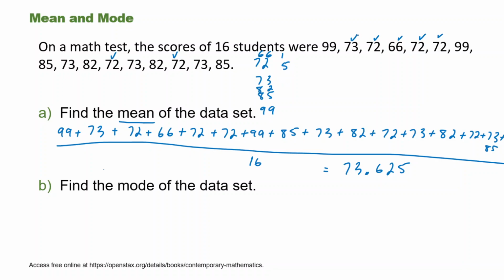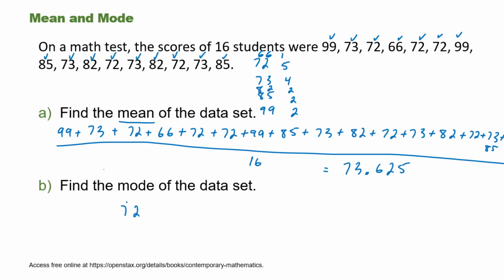Let's see, 73, there's 1, 2, 3, 4 73s. There is 1, 2 82s. We have 1, 2 85s. And finally, we have 2 99s. So the mode is 72.